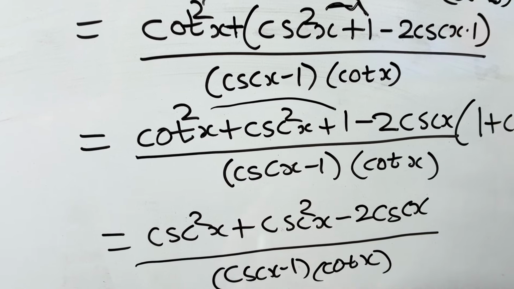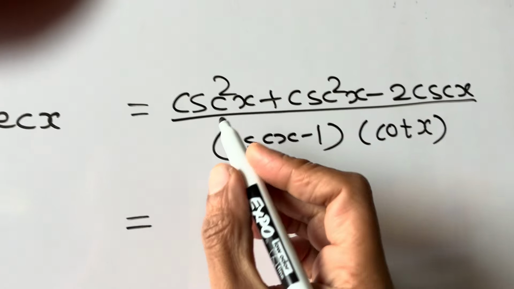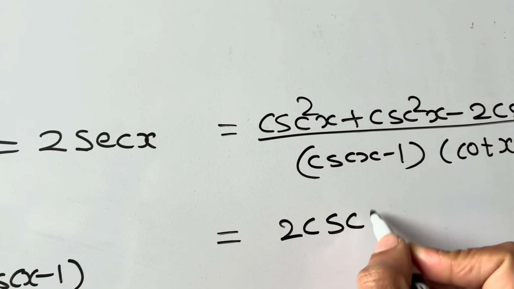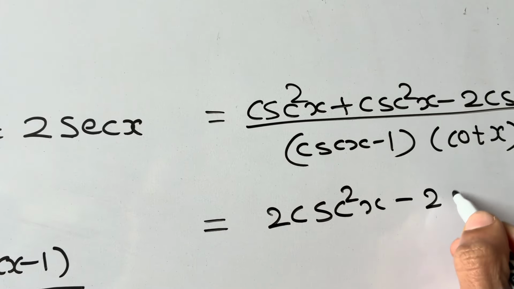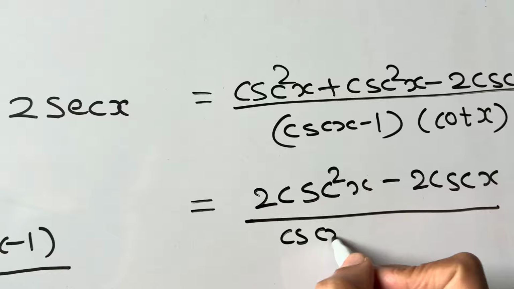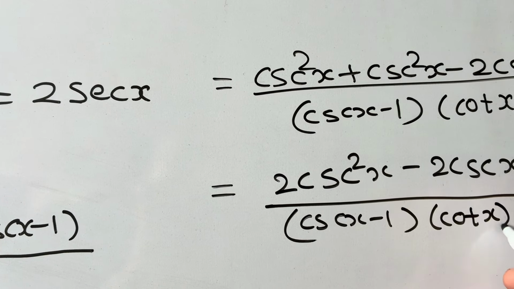So going forward with these values, my numerator and denominator: cosecant square x plus cosecant square x is 2 cosecant square x minus 2 cosecant x, over cosecant x minus 1 times cot x, the denominator.